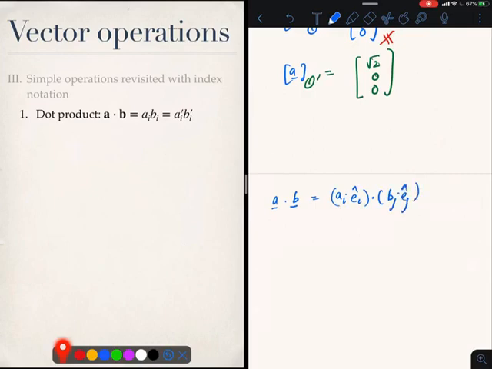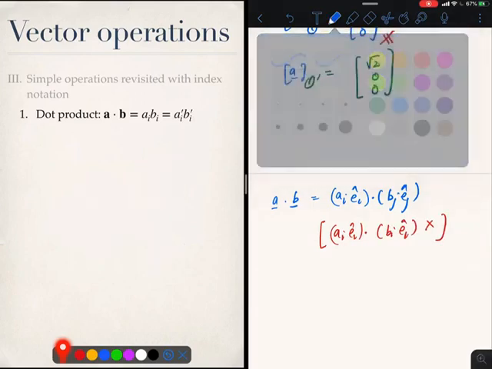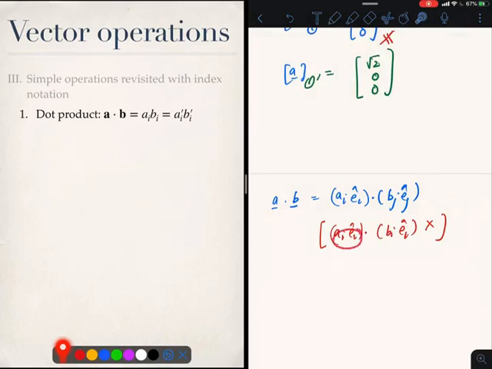Please note that i is a dummy index, j is a dummy index, but in the same term I can't have more than 2 occurrences of the same index. So I can't write something like this, AiEi. This is wrong, because i is occurring 4 times. So let's get rid of this.